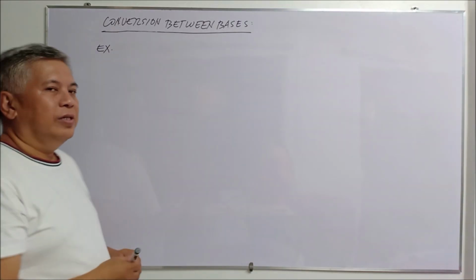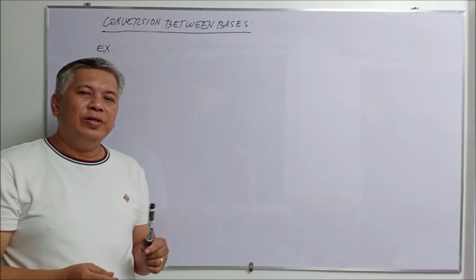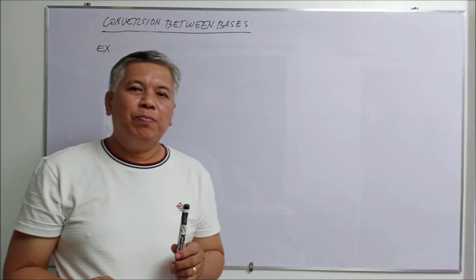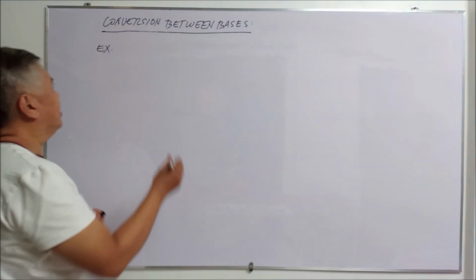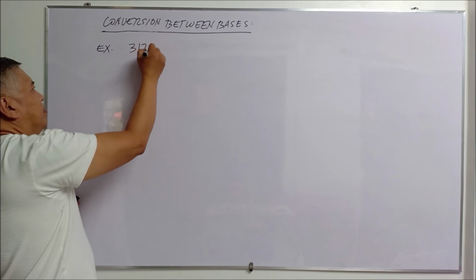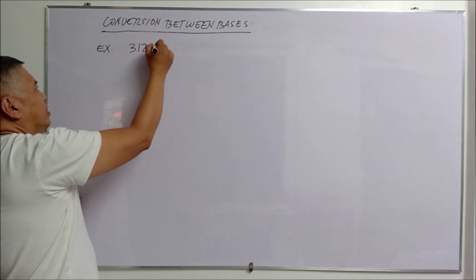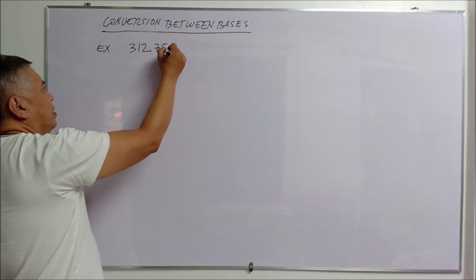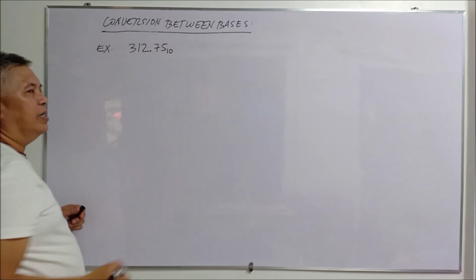Okay, so let's have another example, but this time with a decimal point. Let's say 312.75 of base 10.